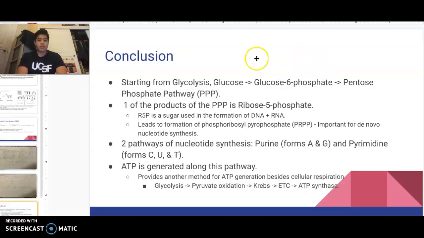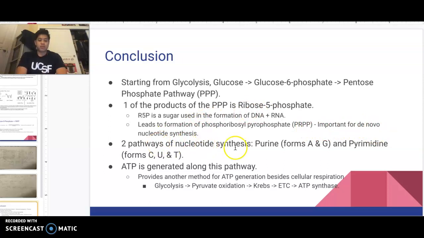So in conclusion, starting from glycolysis, we started with glucose, we formed glucose 6-phosphate, and then that allows us to go to the pentose phosphate pathway. One of the products of the PPP is ribose 5-phosphate, and this is a sugar used in the formation of DNA and RNA. Ribose 5-phosphate also leads to the formation of phosphoribosyl pyrophosphate, PRPP, which is important for de novo nucleotide synthesis.